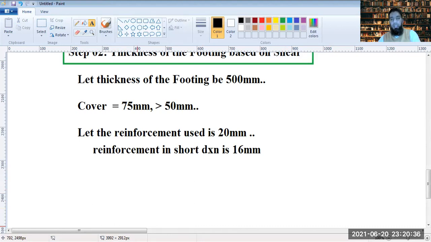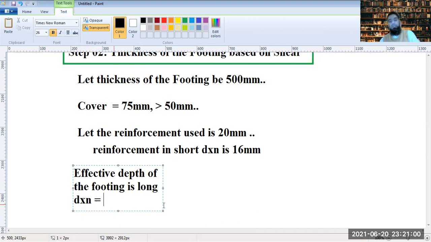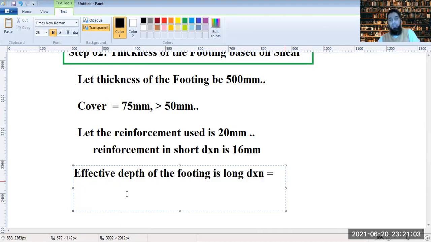So thereby it's now clear, if one has to determine the effective depth of the footing in the long direction, what would be d along x along the long direction?